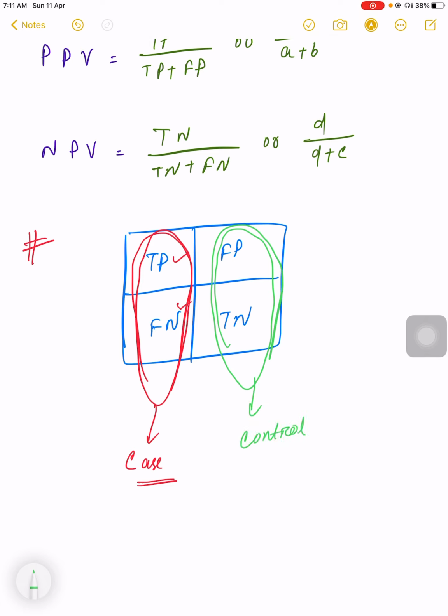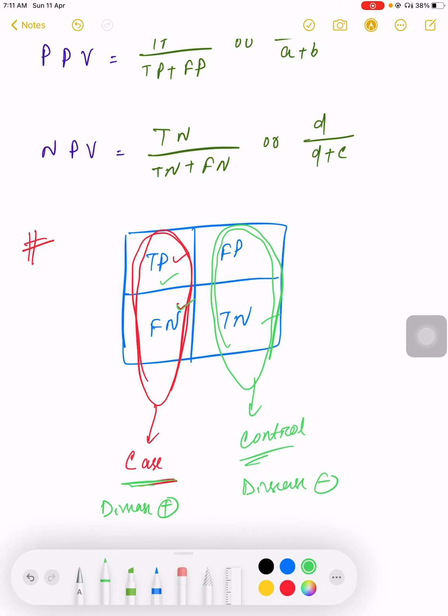In this table, these are control, meaning they have no disease, but these true positive and false negative patients have disease. Disease present, disease absent. Fine.